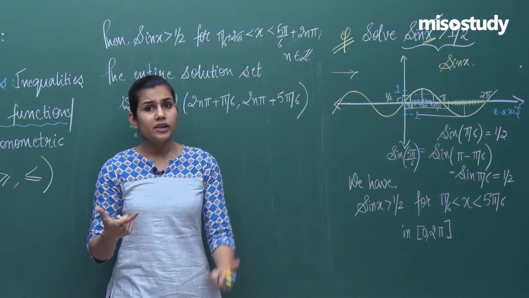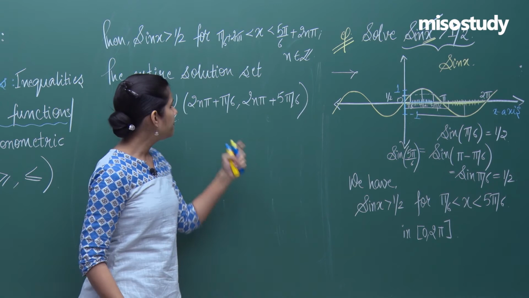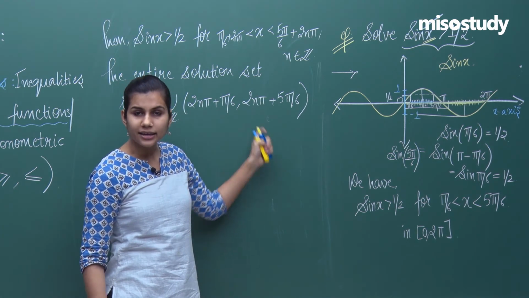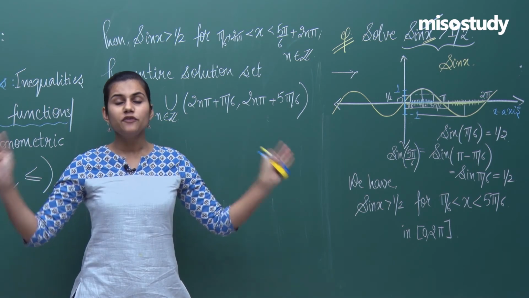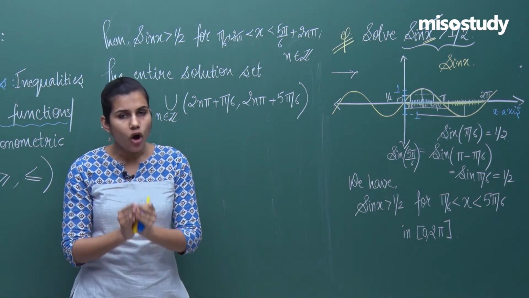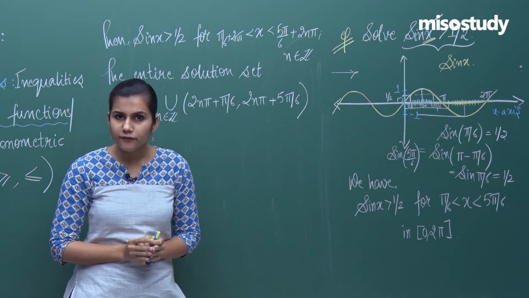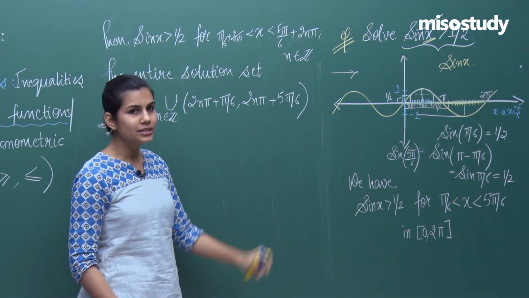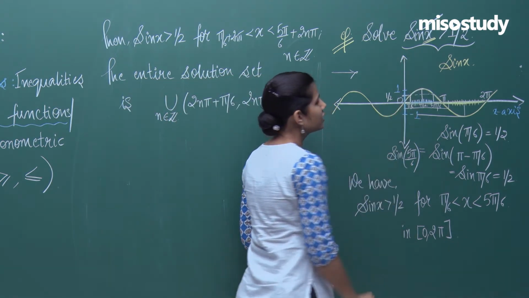Each and every interval obtained by plugging in specific values for n, when you take the union, gives you the set of angles whose sine ratio is greater than half, and that is why this is your solution for the inequality sin x greater than half.